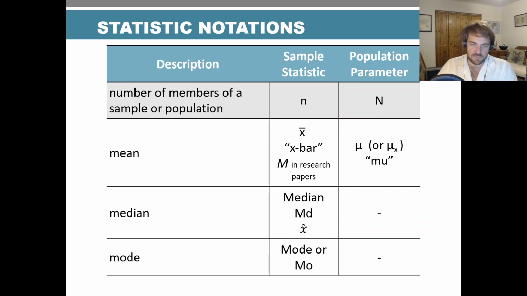If it was in a paper, people might be confused if they saw MD and MO. I know I would, because I'm used to just seeing median and mode. But the symbols for the mean, again, that's the most commonly used statistic, so we're used to seeing those: x bar, mu, italicized capital M.